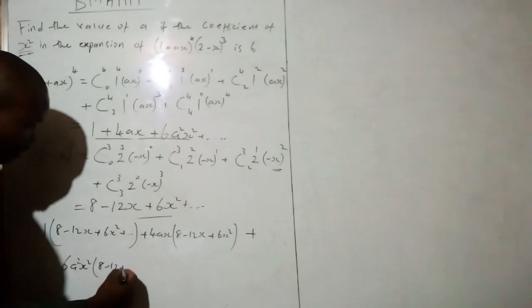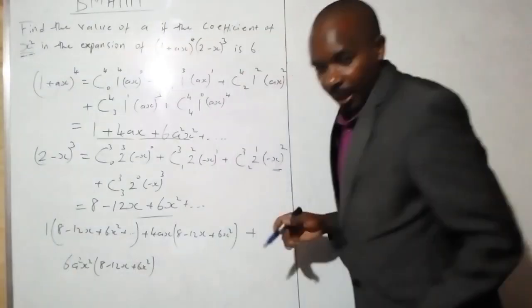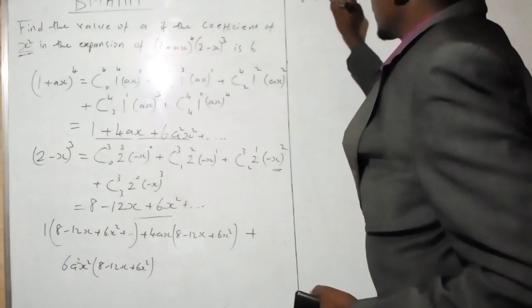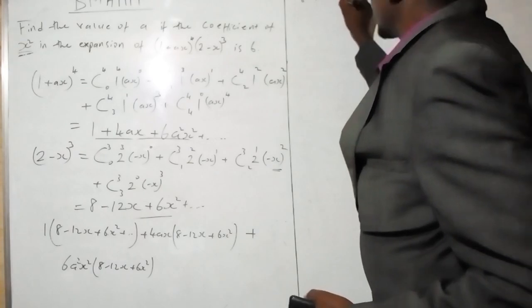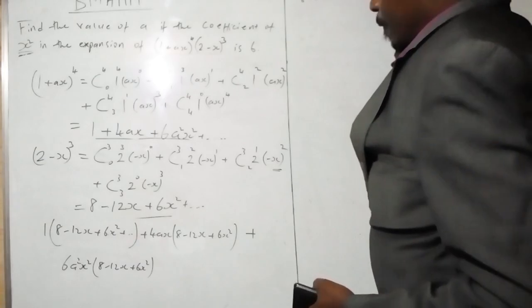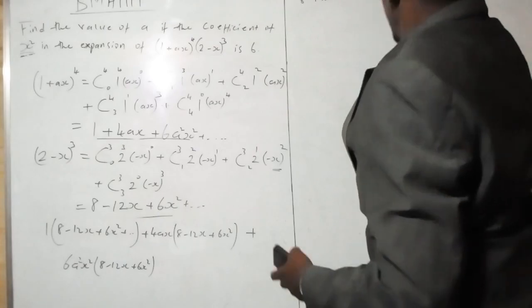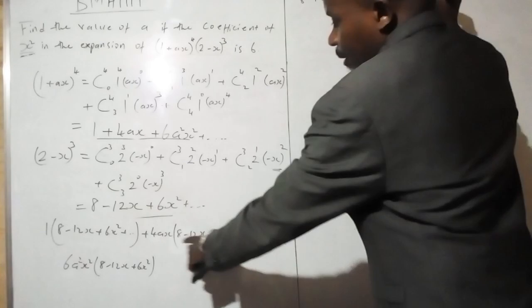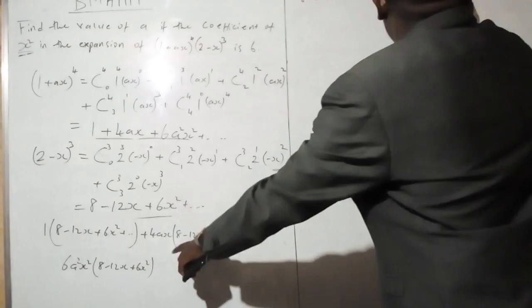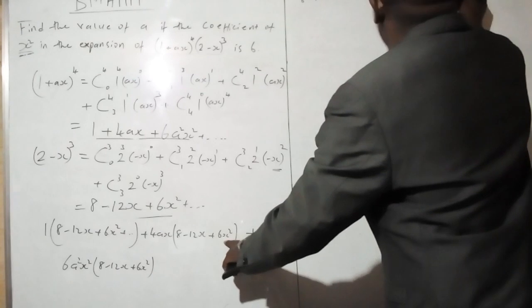Then we open the brackets. We have 8 minus 12x plus 6x squared, plus 4 times 8 is 32ax, minus 48ax squared, plus the whole of this multiplied by 6x squared gives 24ax cubed. Then we proceed to the next.